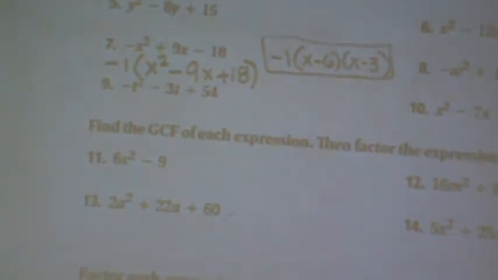How do you factor when the A value is really now a 1? So what times what is 18 but adds to be negative 9? So the final answer would be negative 1, x minus 6, x minus 3. Okay? So that would be your final answer. So for the ones where there's a negative, pull the negative 1 out first and then factor it.